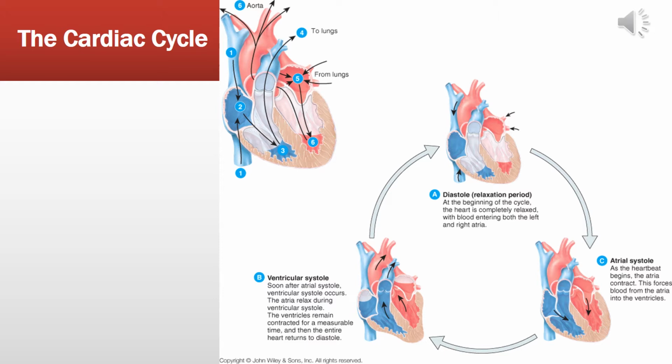Then we enter the atrial systole phase, and this is just when the atria are contracted and push the blood into either ventricle. And then after the atria have contracted, the ventricles enter systole and contract, and like I said, the right ventricle sends the blood to the lungs, and the left ventricle sends blood throughout the body.